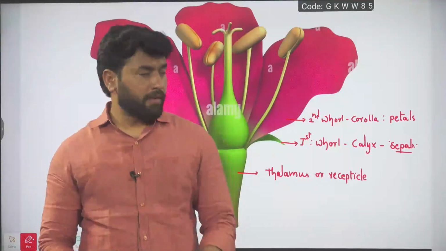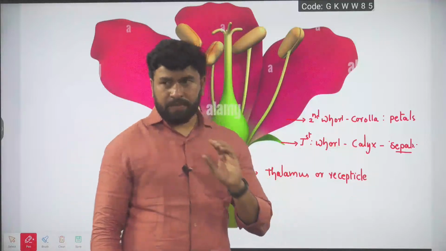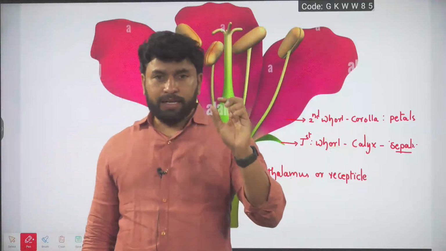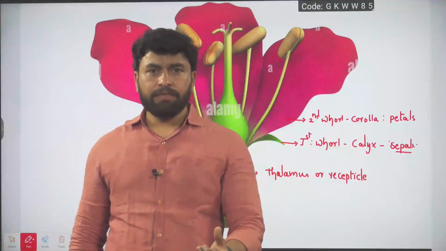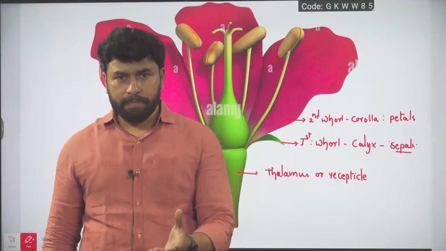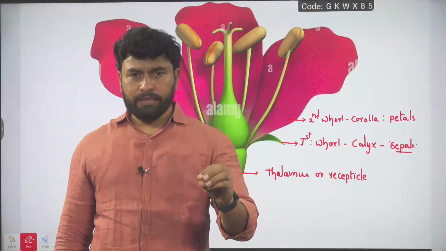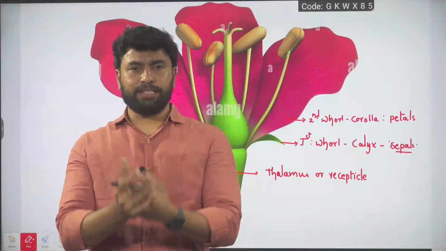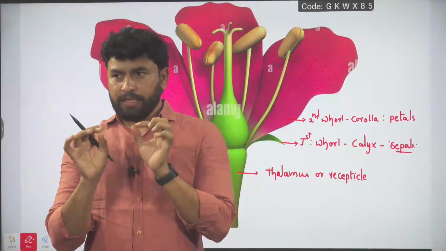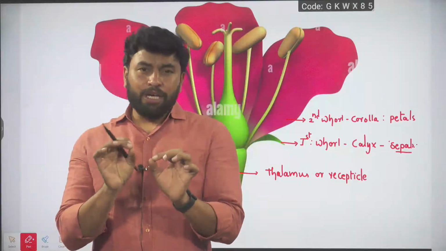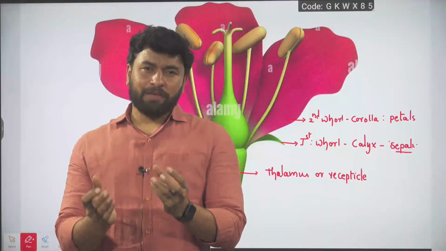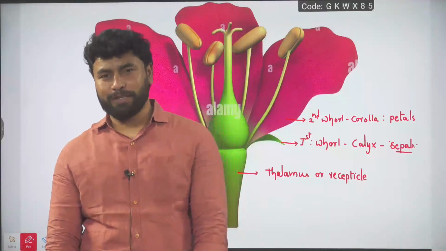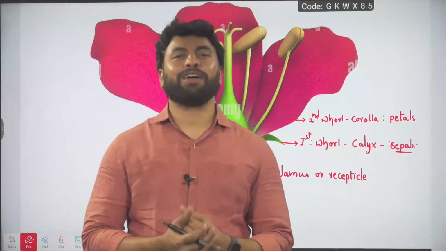Anyhow, petals generally work to attract pollinators when the flower is ready to be pollinated. The sepals' work is to protect the flower when it is in bud condition. But even if these two organs are not present, the flower can perform reproduction, because they are not reproductive organs.